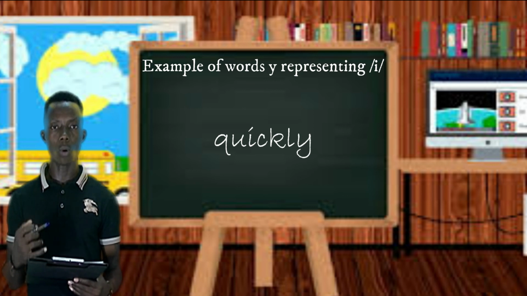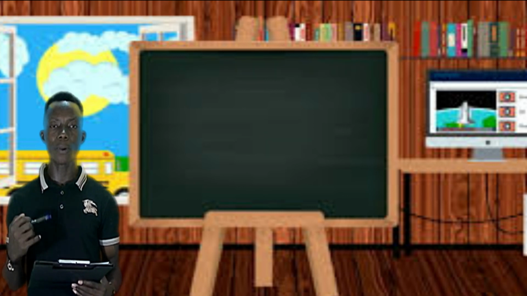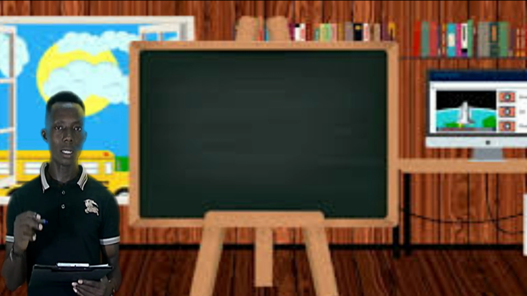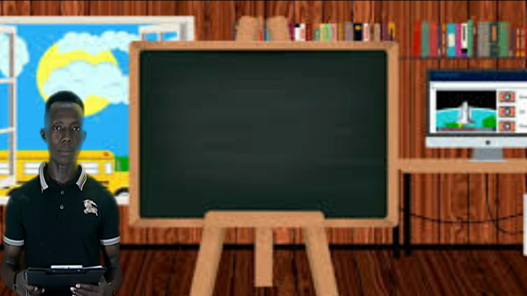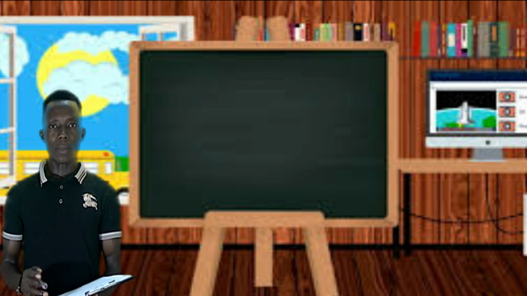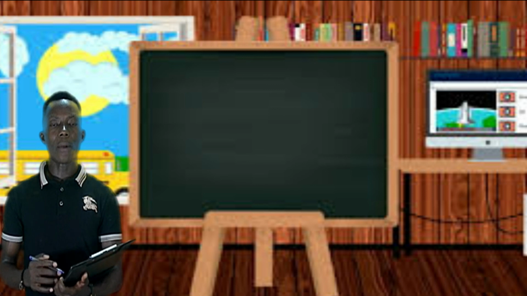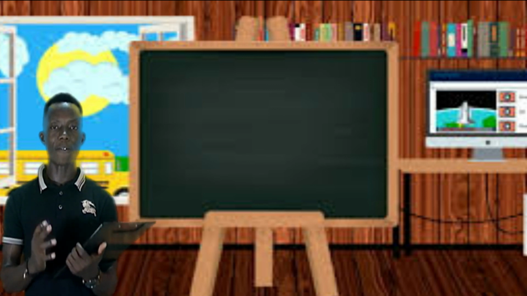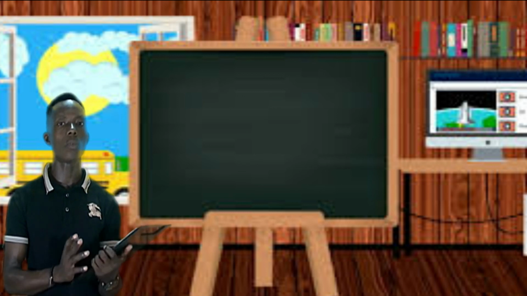In these words, the letter Y is representing the vowel letter I or E. So the reason is that sometimes in some words we can represent the letter Y as a vowel letter.